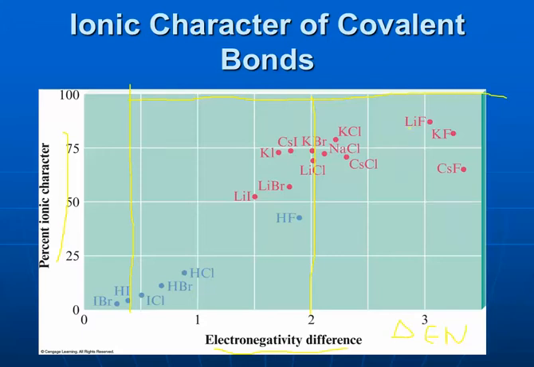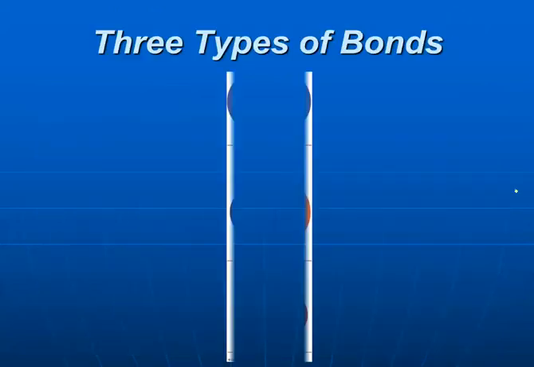I don't know if there are any that are truly 100% ionic in character, whereas there are truly some molecules that would have that 0% ionic character. Those would be your diatomic elements, hydrogen, chlorine, bromine, all of those diatomic elements.